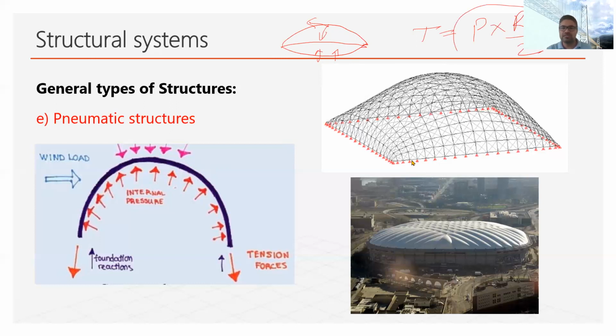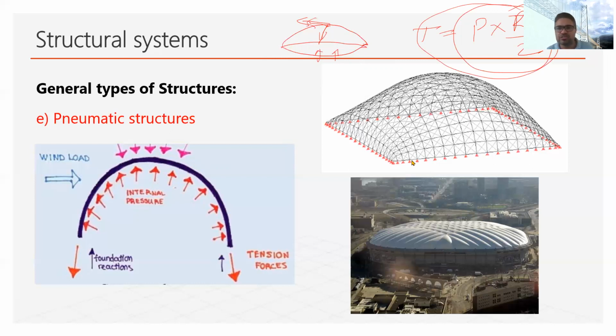So you can see the tensile force becomes half. Why? Because in case of a cylinder, the tensile force was distributing only along one direction, but in case of a spherical membrane, the tensile force is distributing along both directions orthogonally, and that is why the amount of this tensile force becomes half.